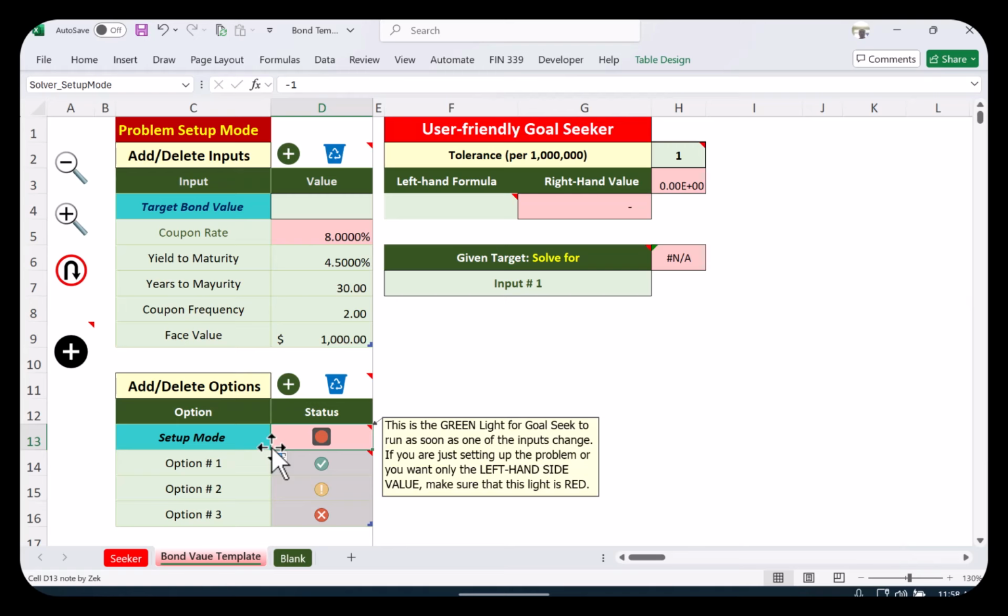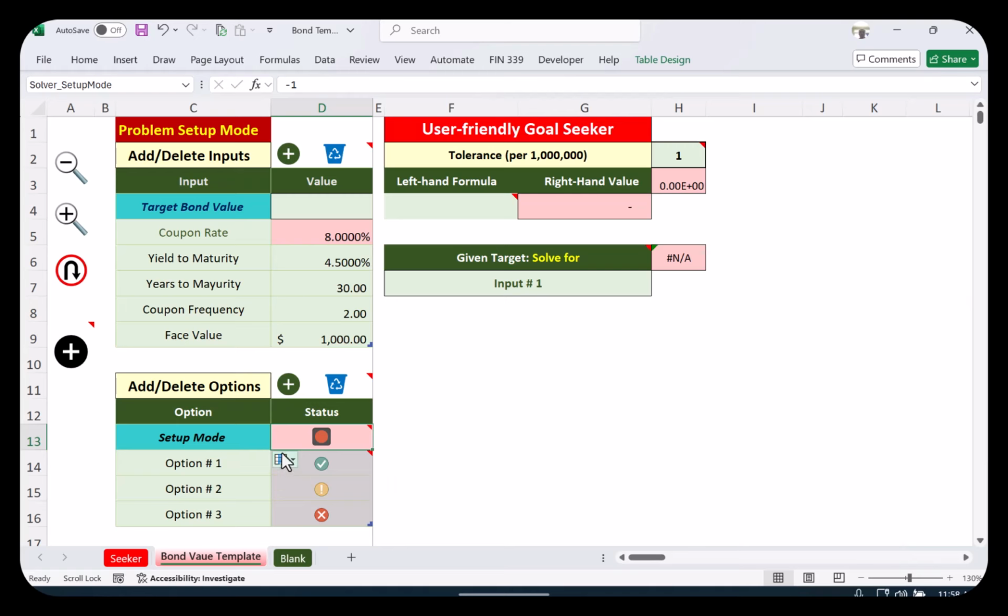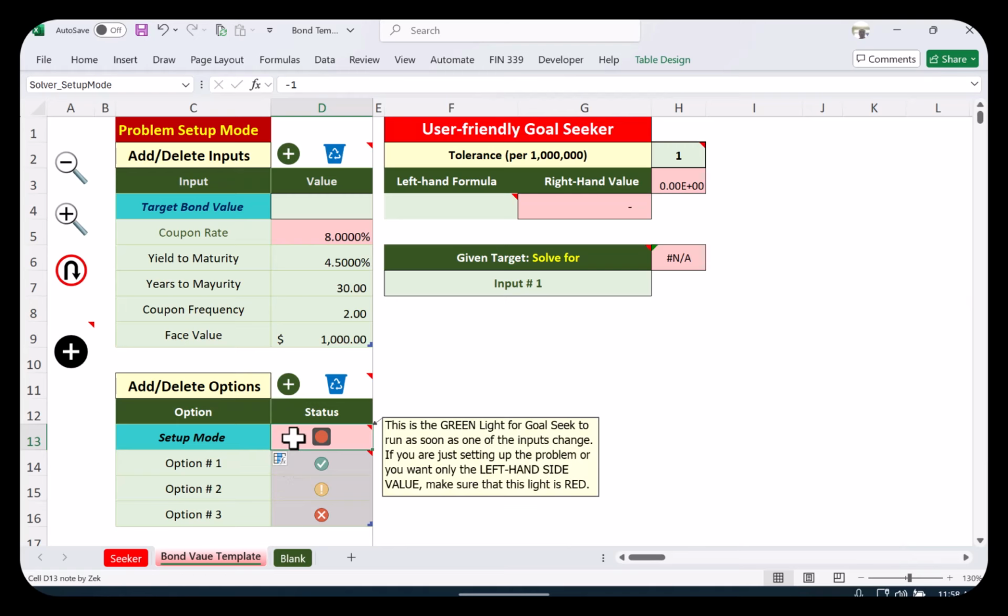Anytime all you want is, given the inputs, what's the value of the bond, you need to be in the setup mode. But if you want to know one of the inputs that's going to give you the value you want, then you need to be in solver mode. And for that, all you have to do is double click on this. That's going to turn it from red to green.